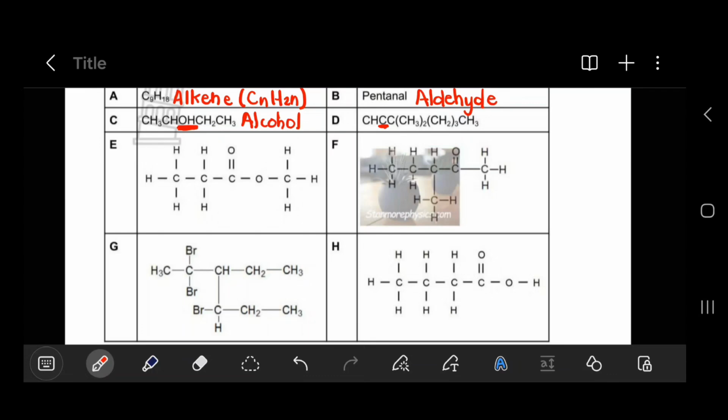Here we are expecting to have a triple bond. Now, when it comes to alkenes and alkynes and you are given a condensed structural formula like this, sometimes it's a bit difficult to just look at it and know what it is. But if you draw out the structural formula, so you're able to visualize what's happening, it's easier to see what the functional group is. So here, D is going to be an alkyne. So we are expecting to have a triple bond on the second carbon.